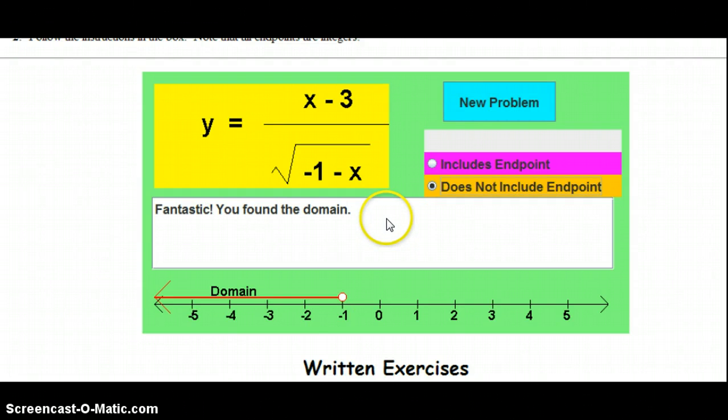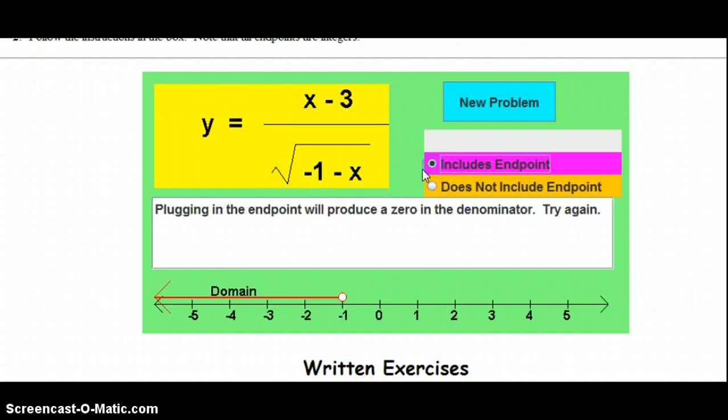With that, you want to remember that your denominator can never be 0. So if you put in -1 for your x, it will be 0. So that means that it does not include the endpoint, because if you included the endpoint, plugging that in will produce 0 in the denominator, like I said before.